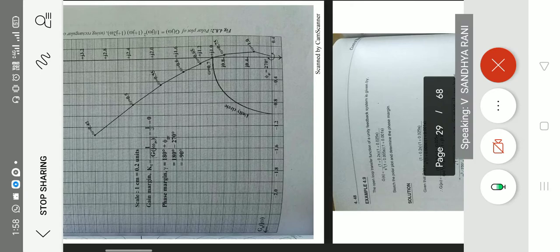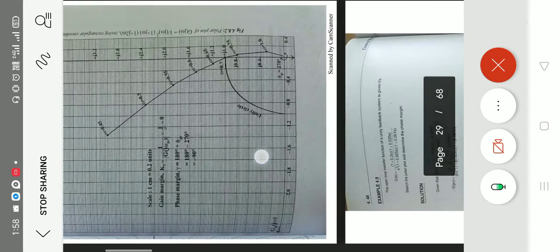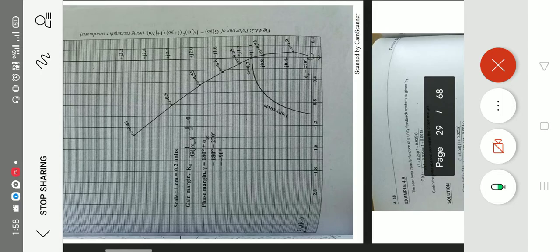After that we can take the gain margin and phase margin. Gain margin means whatever the point where the polar plot touches the x-axis, we take 1 by that value as the gain margin.